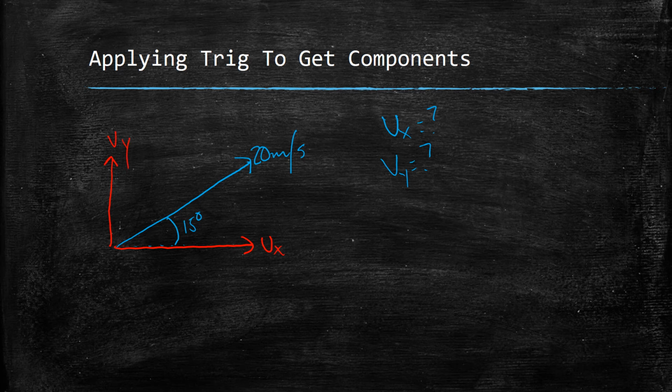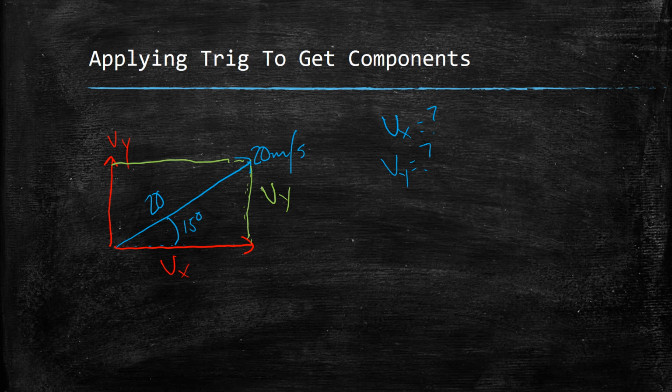So you can see here I drew these in, where we have our little triangle, where we have this 15-degree angle and a 20 meter per second velocity, and we have our two components, Vx and Vy. This side over here is Vy, and this side down here is our Vx. So we can see we have our little triangle where this middle section is that length of 20.